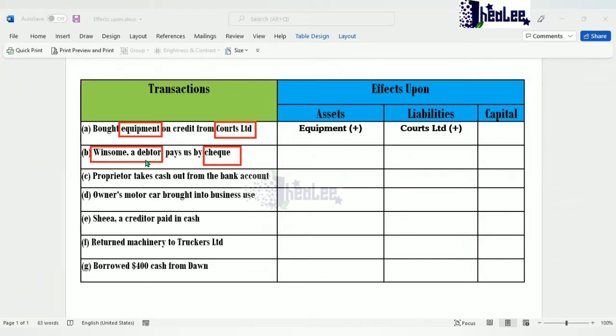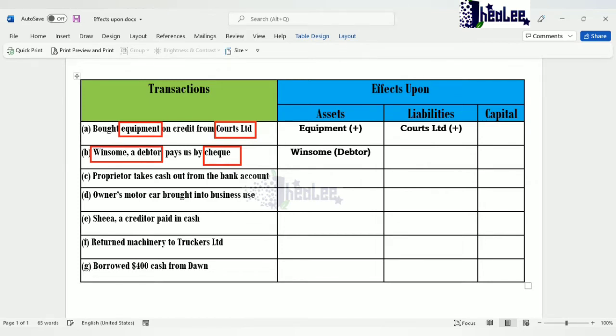Winsome is a debtor. Debtor is an asset. It's an asset because the money that this person is owing us is our money, our business money. So therefore, it is owned by the business. So that is an asset. So under asset, we have to indicate the specific name of that individual, as indicated earlier. In bracket, I'm going to put debtor.